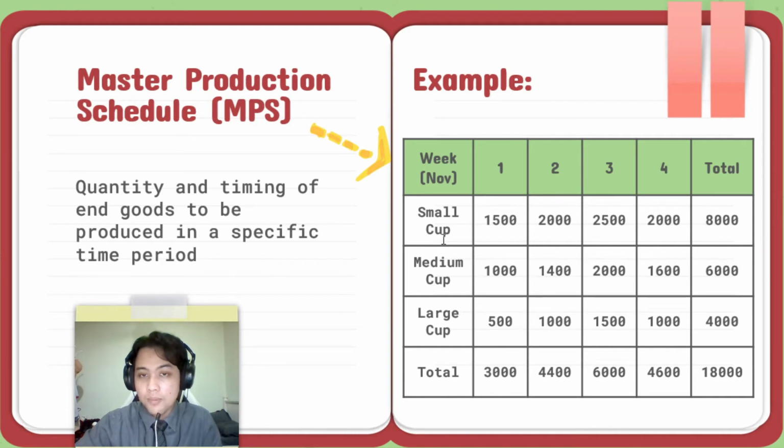We can see that the small cup needs to be produced for a total of 8,000 cups in the month of November, the medium cup is 6,000, and the large cup is 4,000. So the total number of cups produced by the end of November is 18,000 cups.